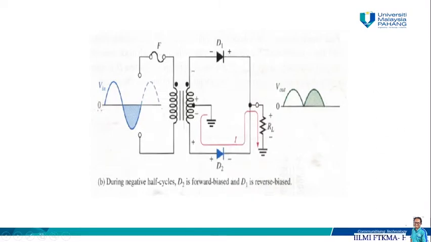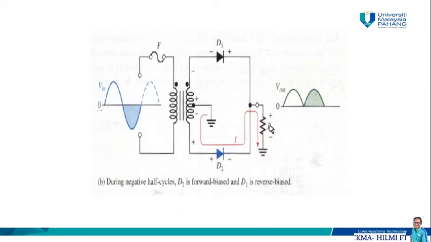Next, let's take a look when we proceed to the next half cycle, the negative part. For a negative half cycle of the input voltage, the voltage polarities on the secondary are as shown here. So this time D1 is going to be reverse biased and D2 is going to be forward biased. Therefore, the current is going to flow through D2 to the load resistor.